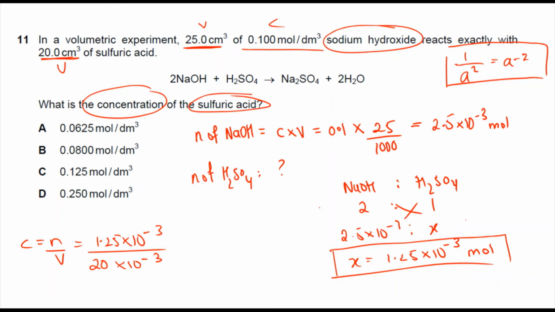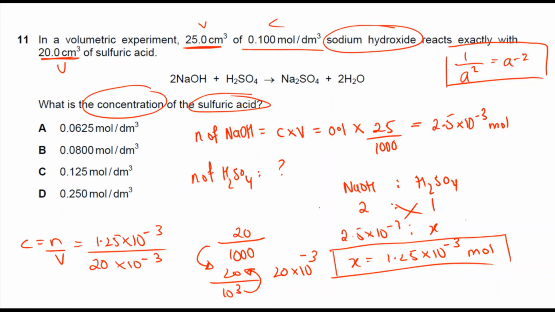So tell me, if I have 20 over 1000, can I write this as 20 over 10 raised to the power of 3? Because 10 raised to the power of 3 is what? 10 into 10 is 100, and 100 into 10 is 1000. So can I write it down like that? I can, right? So can I take it to the top now and write it as 10 raised to the power of minus 3?